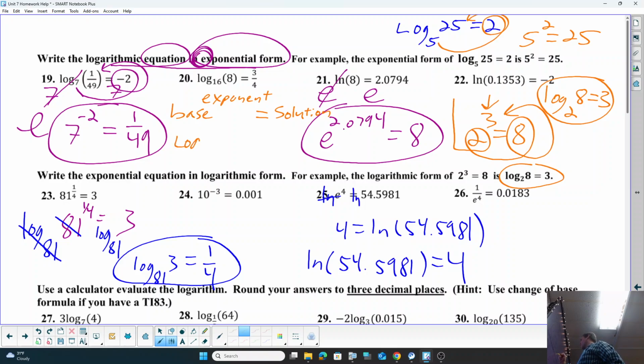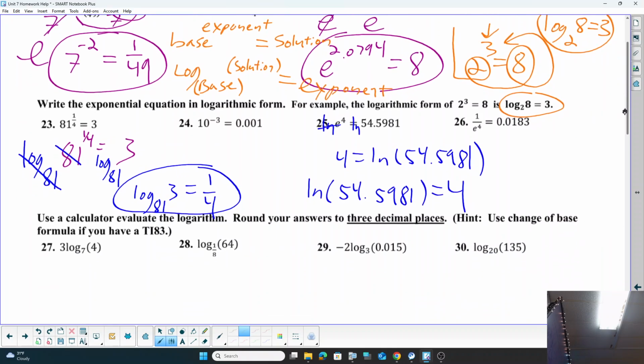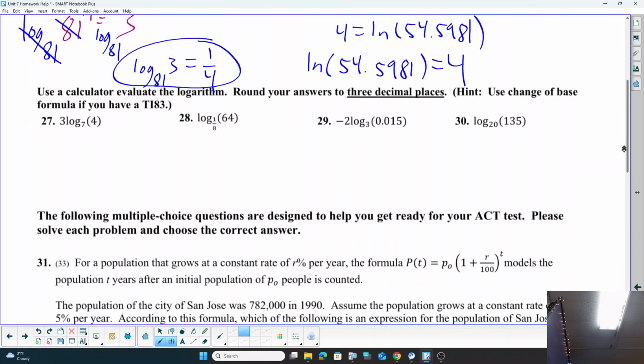And so how the logarithm works is you have log base of the base, of the solution, right? And so what that equals is the exponent. I'd probably write that in your notes somewhere. So log base of the solution equals the exponent. So hopefully that makes more sense when we're doing these.